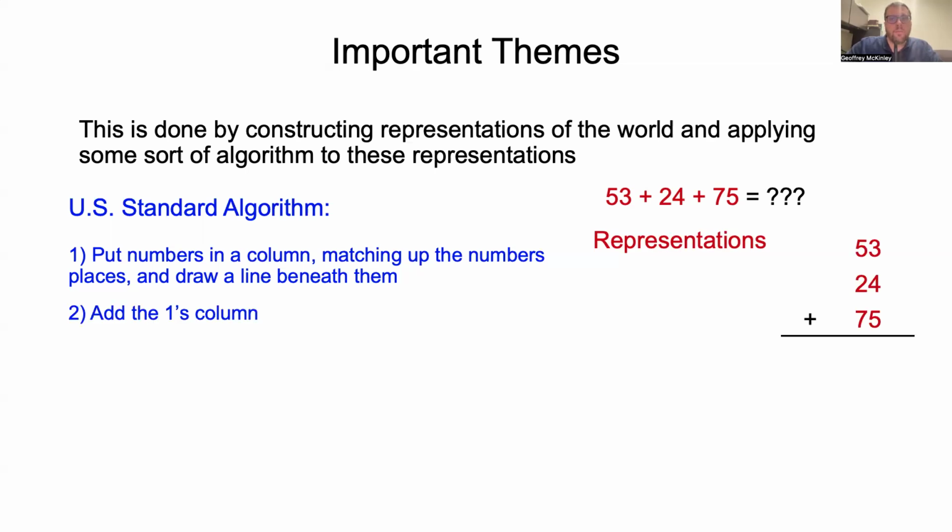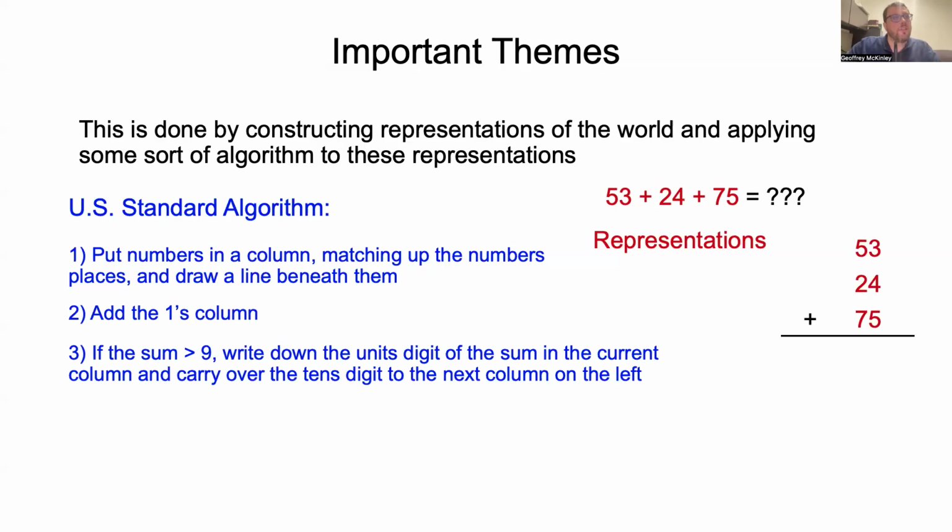And then you add the ones column. So 3 plus 4 plus 5. What is that? 7 plus 5 is 12. So then if the sum is greater than 9, which it is in our case, we write down the units digit of the sum in the current column and carry the tens digit to the next column on the left. Right? So we put the 2 underneath and then we put the 1 at the top of the tens column.